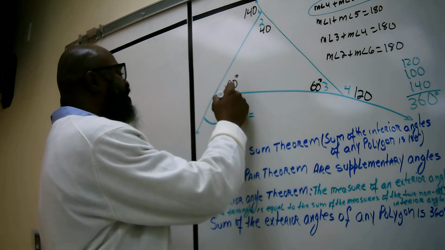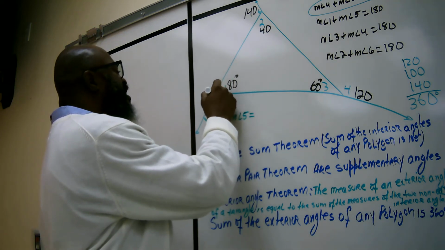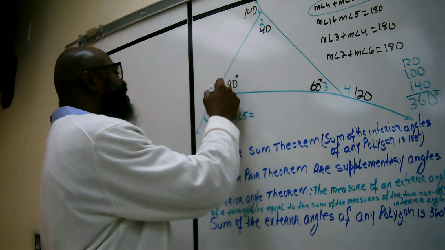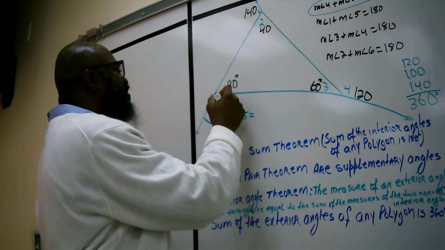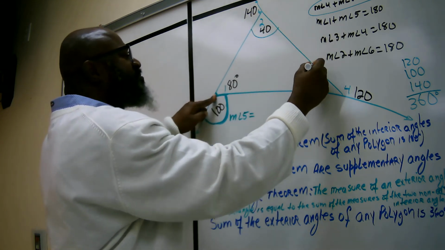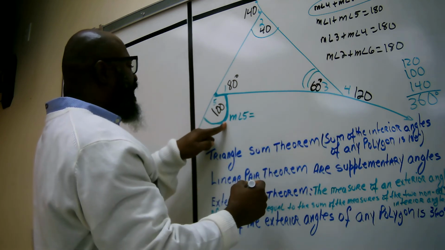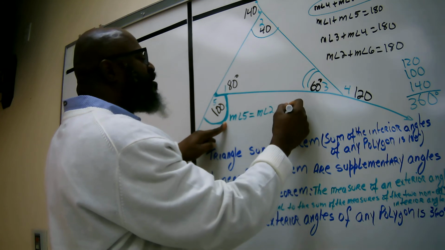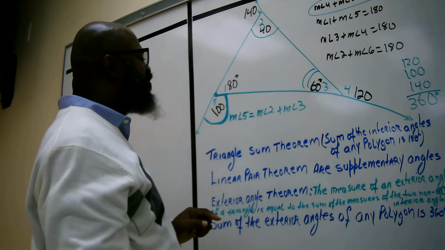Adjacent angle means angles that share the same vertex. This angle has the same vertex here, you have the same vertex here, so I cannot use that angle. So I can add those two angles. It will always equal that. So the measure of angle 2 plus the measure of angle 3 will equal the measure of angle 5.